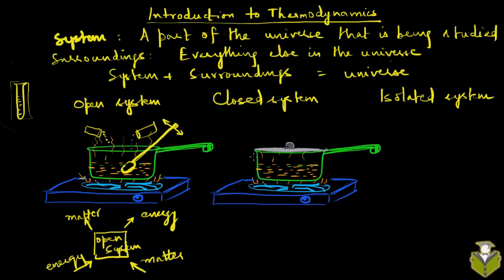So there is an exchange of energy, but no exchange of matter. If you see here a closed system, you have energy coming in, some energy going out, but there's no exchange of mass or matter.